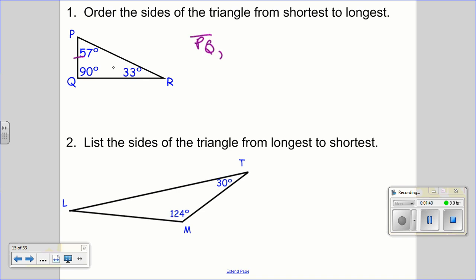The next largest side would be the side opposite of 57, so that's QR. And then the longest side is the side opposite the 90 degrees, so that would be PR. And since it's across from the 90-degree angle, it's also known as the hypotenuse. Don't forget your vocabulary.